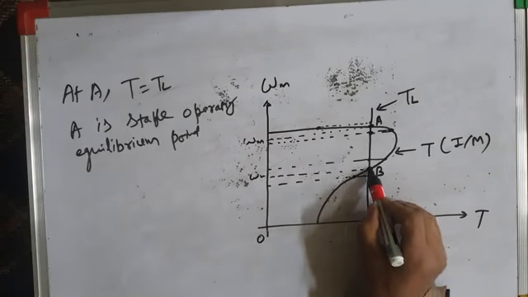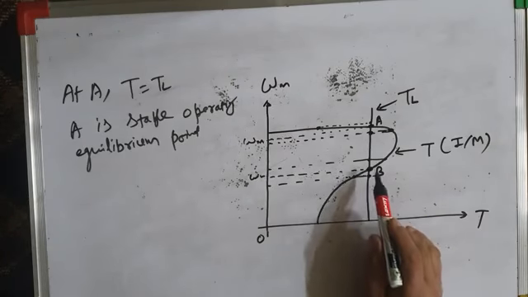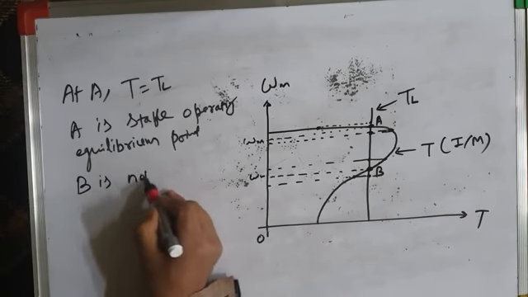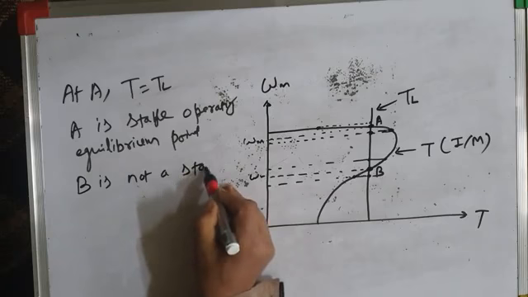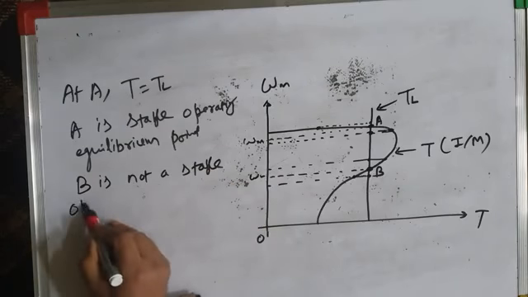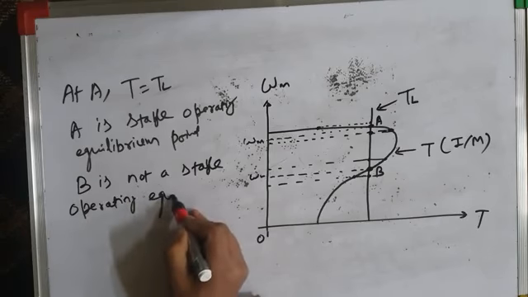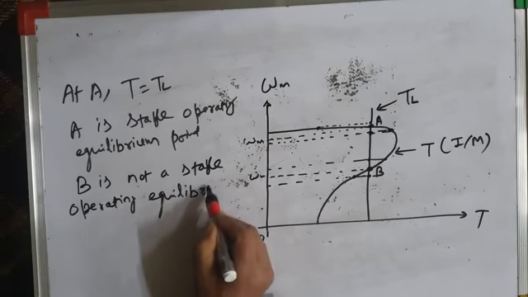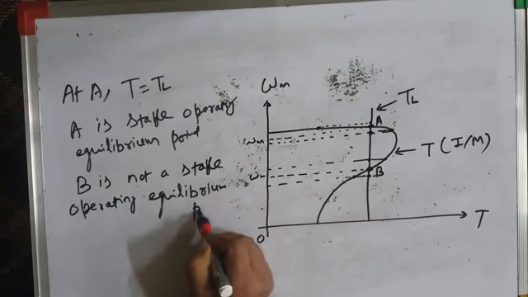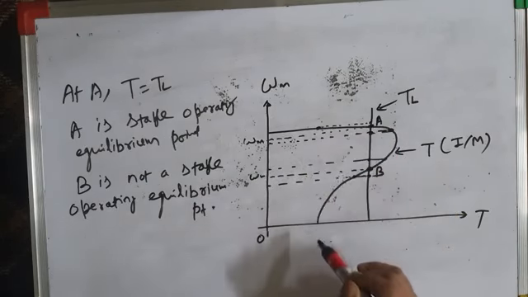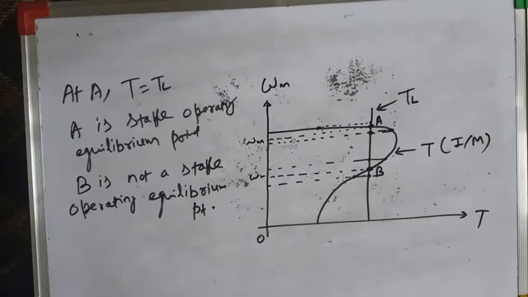So therefore, although B is also an operating point, B is not a stable operating equilibrium point, or we can simply say B is not a stable operating point. It's an unstable point. So therefore the drive will settle at A because A is the stable operating point.